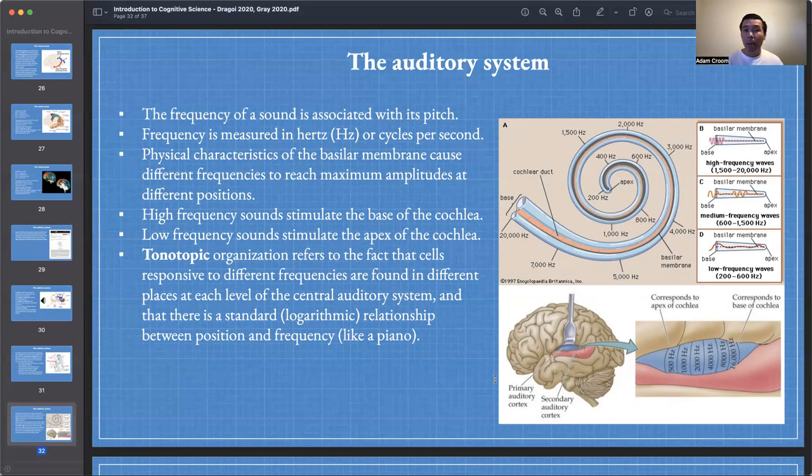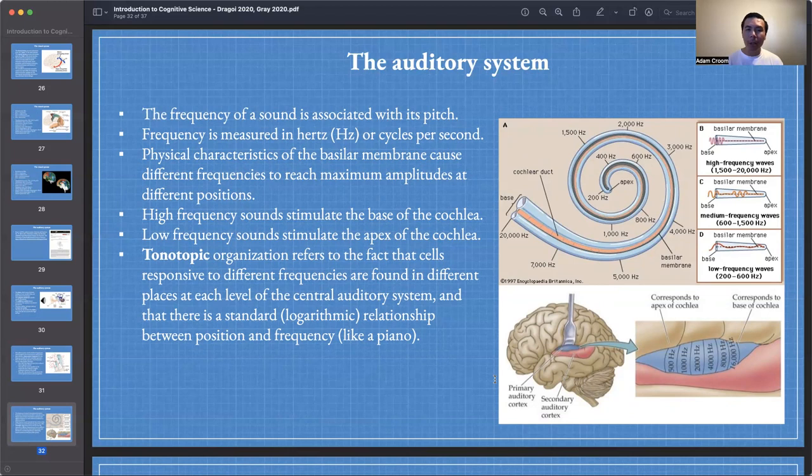Physical characteristics of the basilar membrane cause different frequencies to reach maximum amplitudes at different positions. You can think of this as like a piano. High frequency sounds stimulate the base of the cochlea, whereas low frequency sounds stimulate the apex of the cochlea.